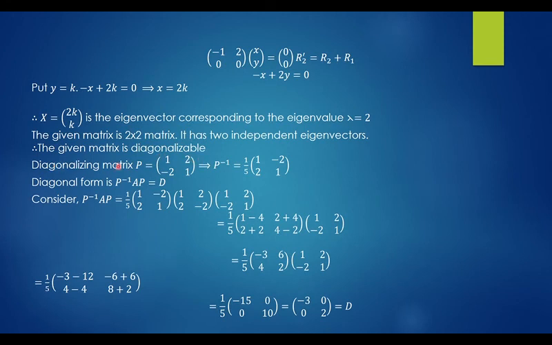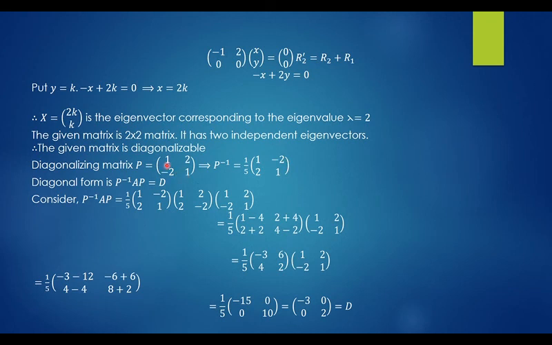The diagonalizing matrix can be formed by writing the first eigenvector in the first column and the second eigenvector in the second column like this. What is the inverse of P? It is adjoint P divided by determinant P, right? So, what is the determinant of P?